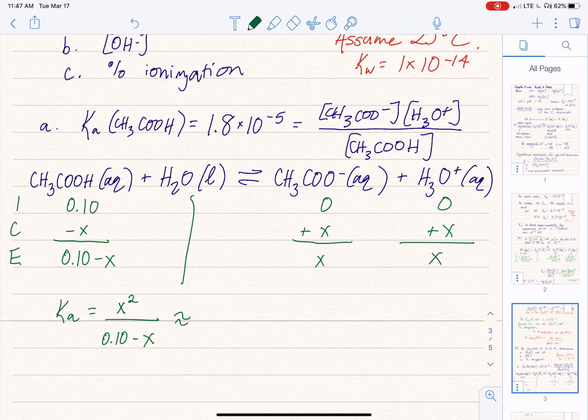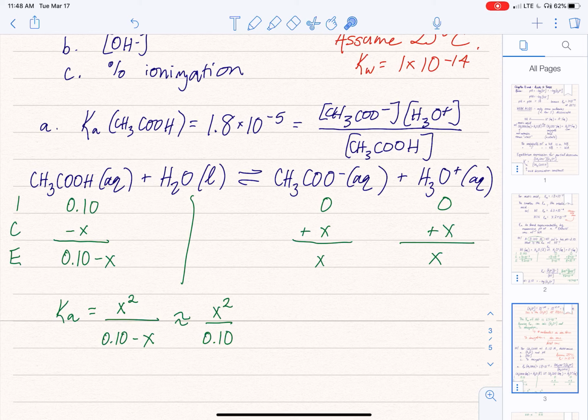The reason is, okay, look at this number, 1.8 times 10 to the minus 5. That's a small number, right? That number is much, much less than 1.